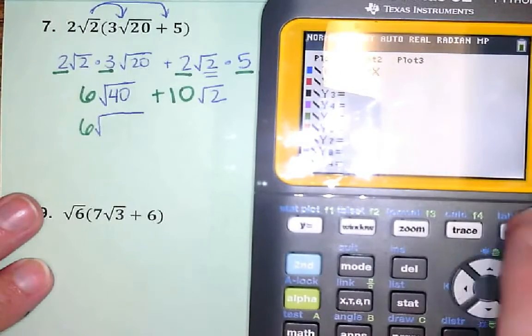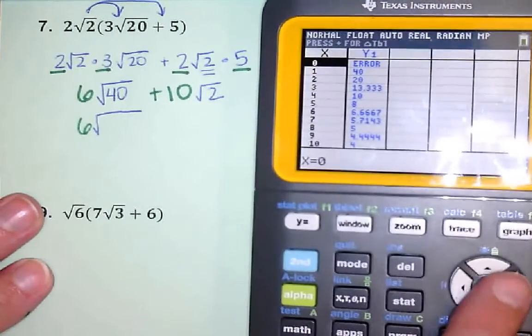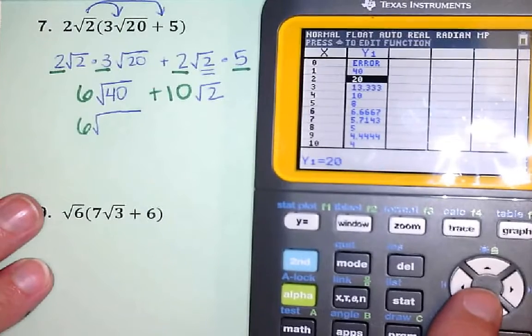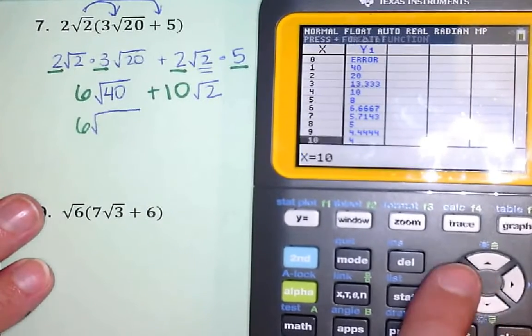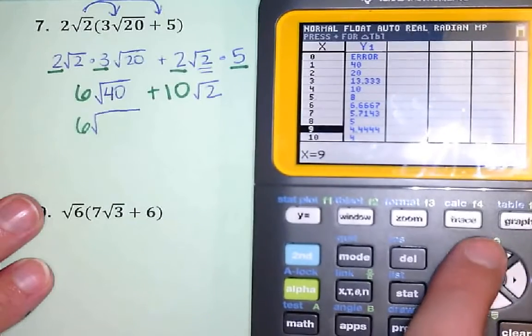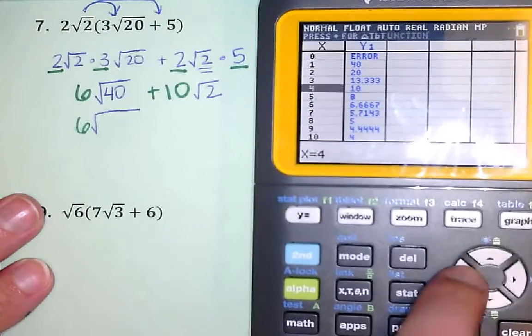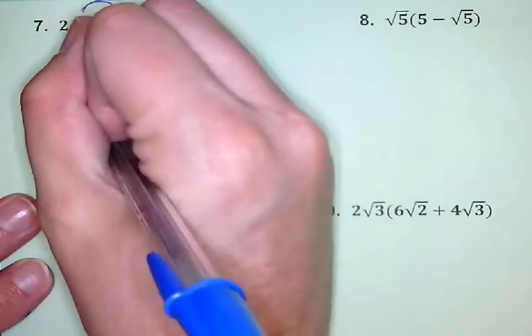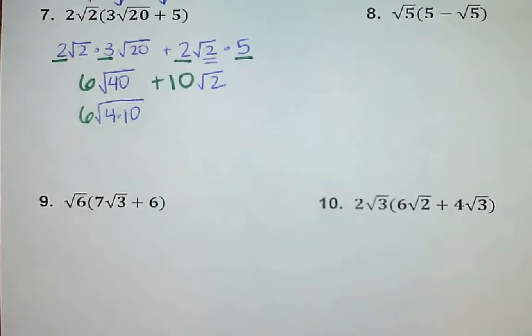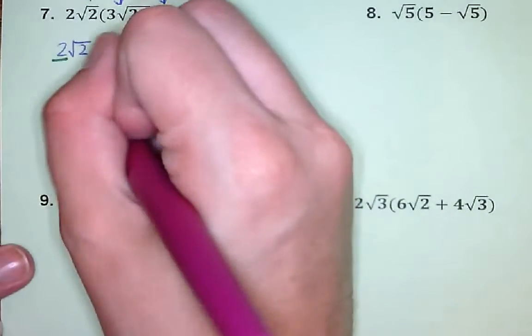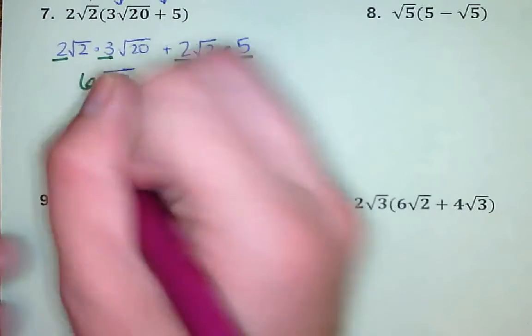What does it have to be? 10 and 4, doesn't it? So I'm going to do 4 times 10. And guys, what is the square root of 4? 2. So now we have 6 times 2 times the square root of 10, which is really just going to be 12 square root of 10.